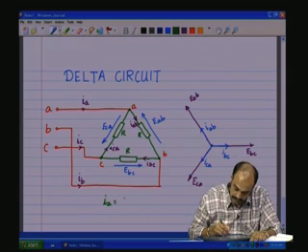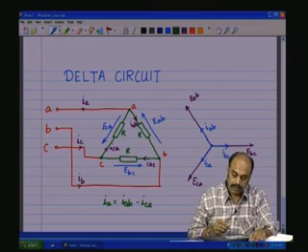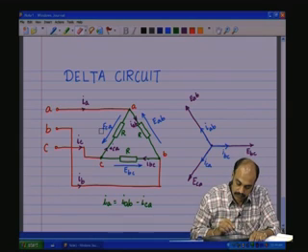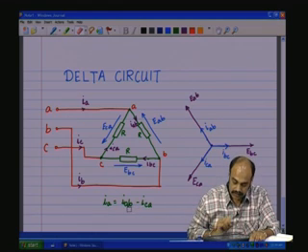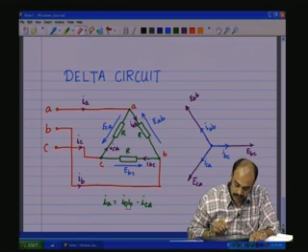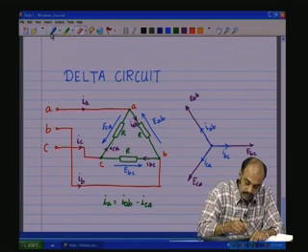So, we have IAB minus ICA, because IA and ICA are coming into the node, and IAB is going out of the node. That is the reason the sign difference comes into the picture here.